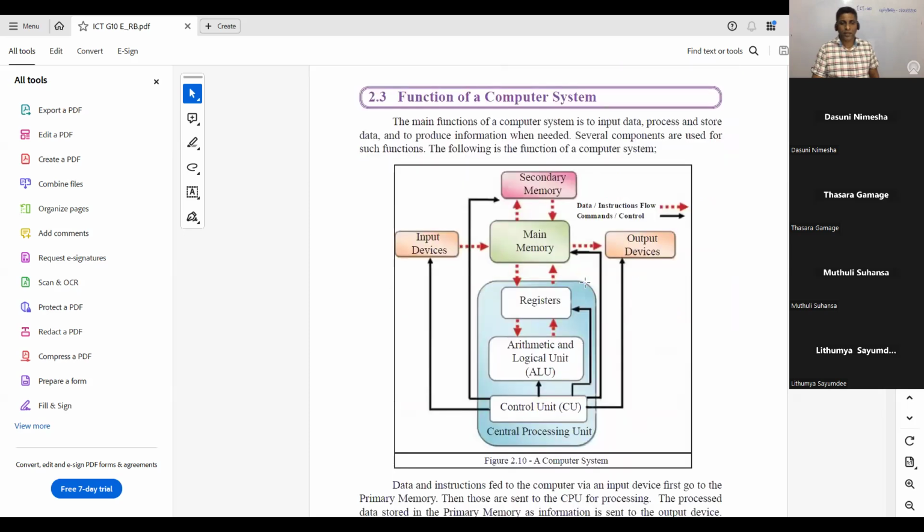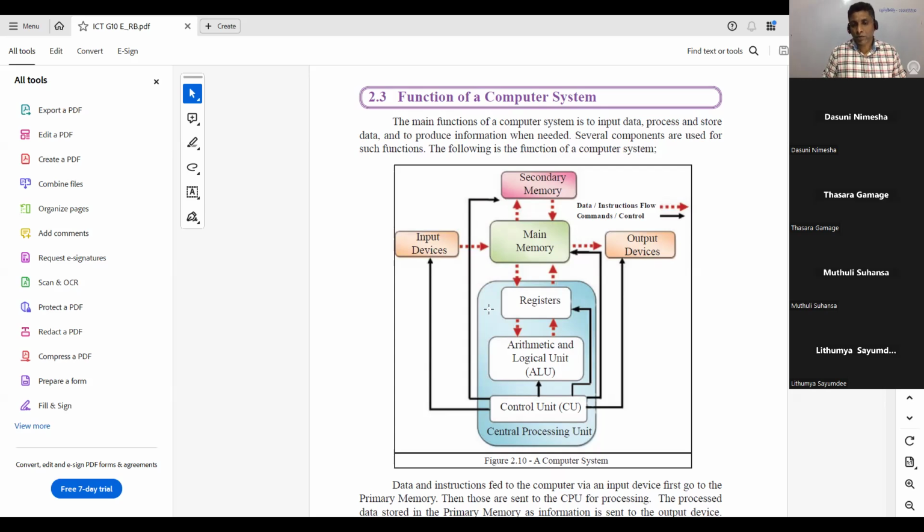But here they have introduced a few more things. From grade 6, 7, 8 you all studied this: input, output, registers, ALU, control unit, right? They have added a bit more complex scenario here. Now you should be able to learn how exactly things are happening.